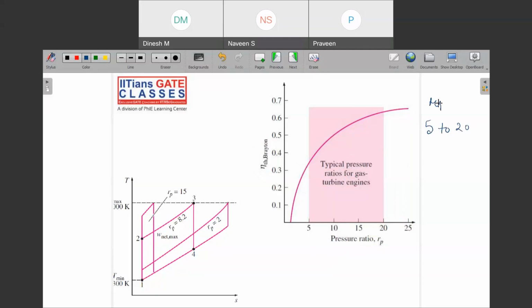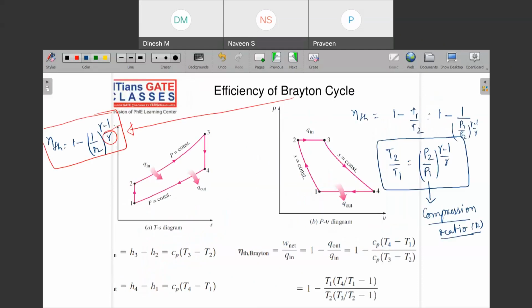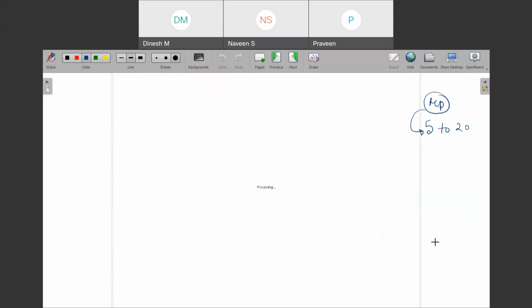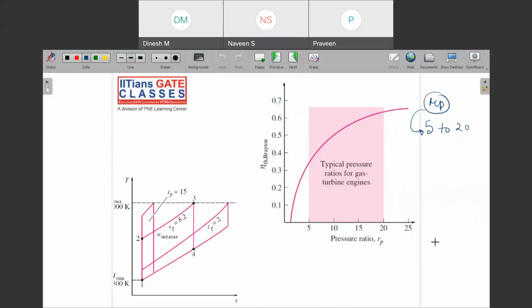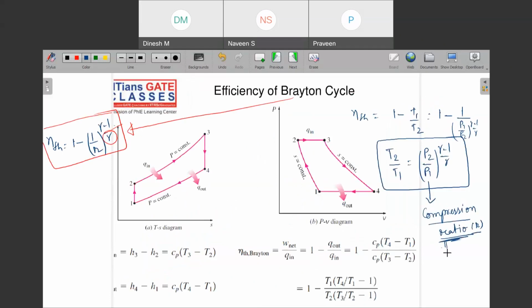This is called rp, the pressure ratio. Here the compression ratio was the ratio of pressures, so in order to avoid confusion, we call it the pressure ratio.